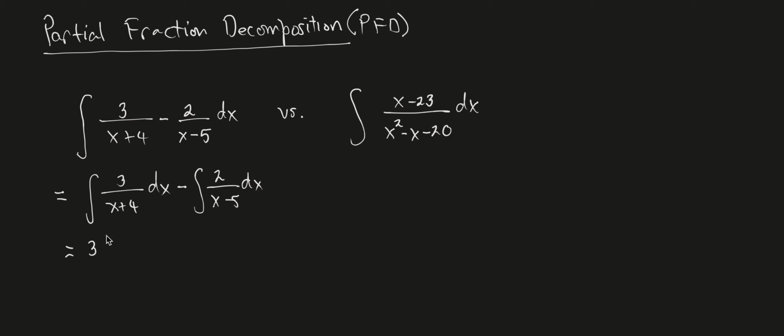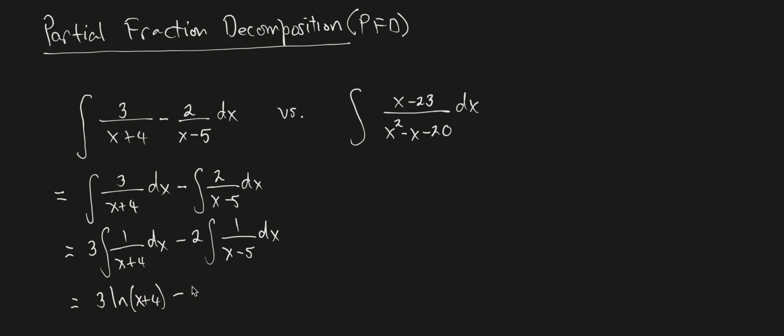So I can take the 3 outside, and then I have 1 over x plus 4 dx. Take the 2 out, and then 1 over x minus 5 dx. And then I could say, can I think of a function that when I differentiate it, I'll get 1 over x plus 4? Well, that looks like a ln type function. So then this is 3 times the natural log of x plus 4 minus 2 times the natural log of x minus 5, and then our plus c. So I mean, that one wasn't too bad.